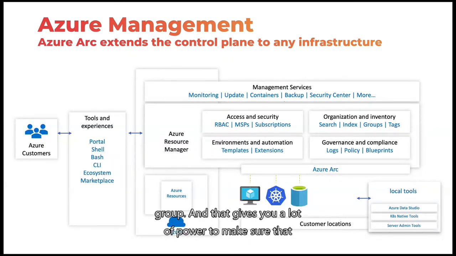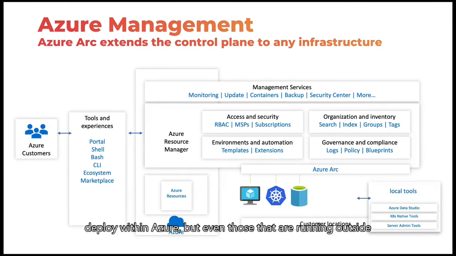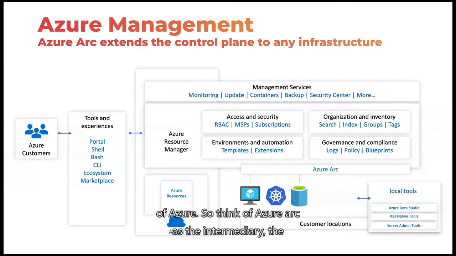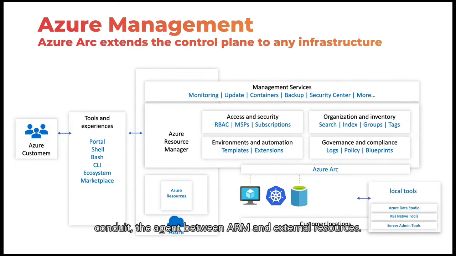And that gives you a lot of power to make sure that you're not only taking control of the resources deployed within Azure, but even those running outside of Azure. So think of Azure Arc as the intermediary, the conduit, the agent between ARM and external resources.